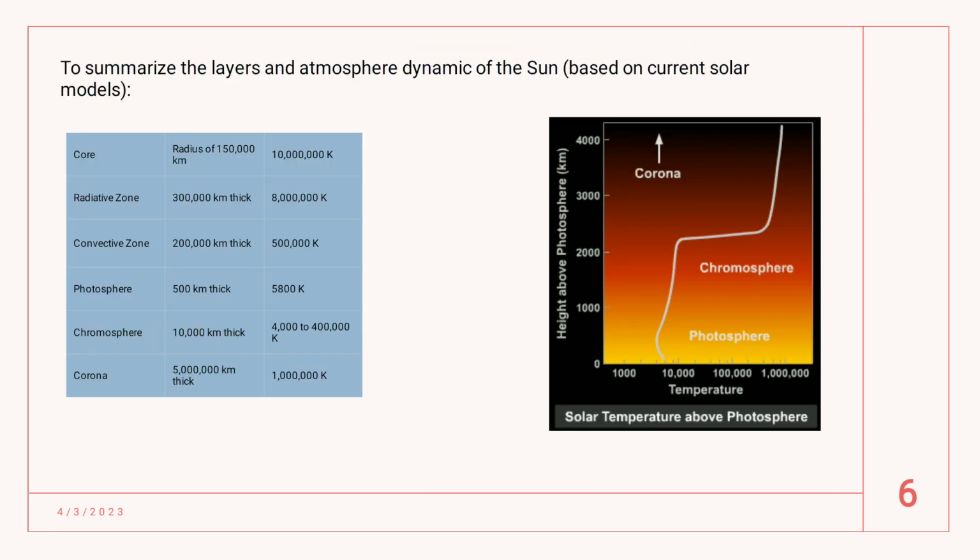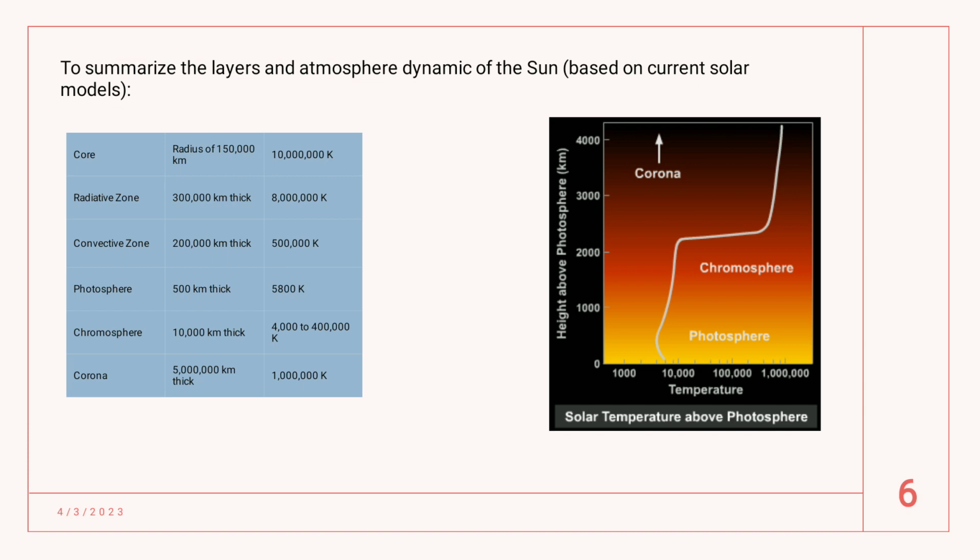To summarize the layers and the atmosphere dynamic of the sun, based on the current solar models, here we can see in this graph the height above the photosphere in kilometers and also the temperature.